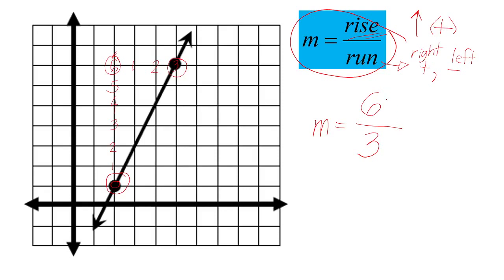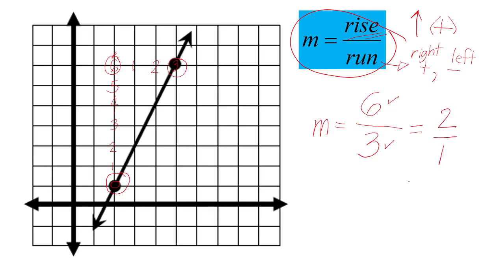Kakuha giun sa pagkuha ang 6 ug ang 3? Yes, sir. Okay, let's reduce our fraction. What is 6 over 3 when reduced? You reduce 6 over 3. 2, or 2 over 1.